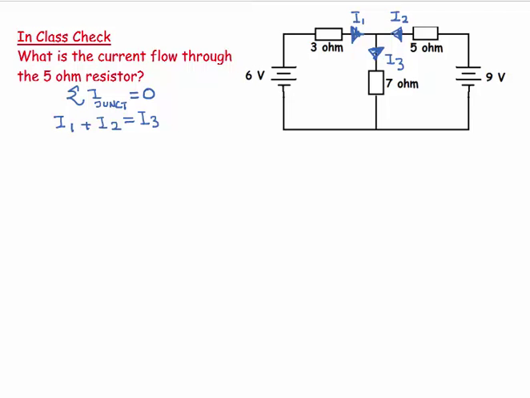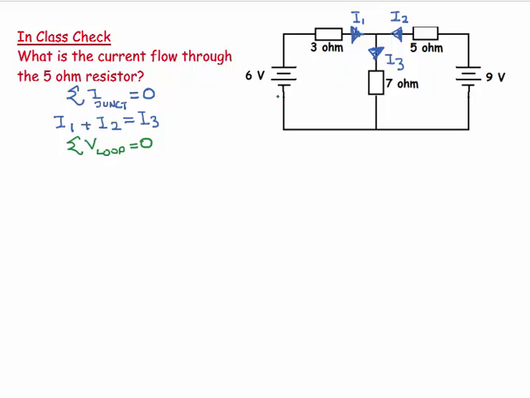My second bit I'm going to get from this loop of components. And there's a loop rule, and it says the sum of the voltages in a loop equals 0. What that means is the EMF produced by a power supply plus the potential differences across the, in this case, resistors, must sum to 0.